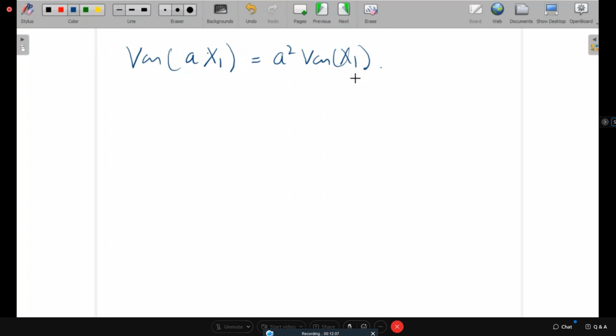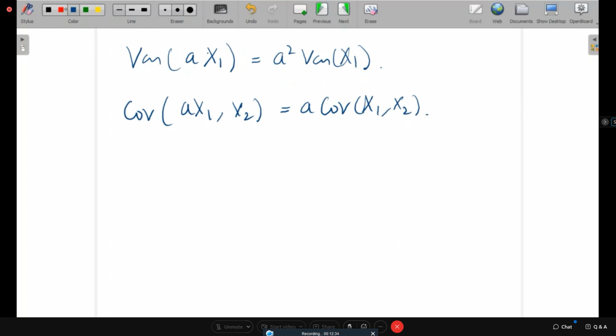Okay, so we know all these properties, and I'm listing them out. Moreover, we also know the covariance property: covariance of a x1 comma x2 is equal to a times covariance of x1 comma x2. I'm just recalling those properties because I'm going to use them straightaway.